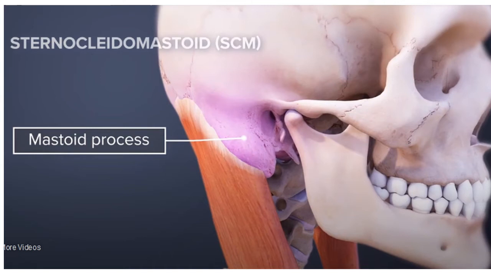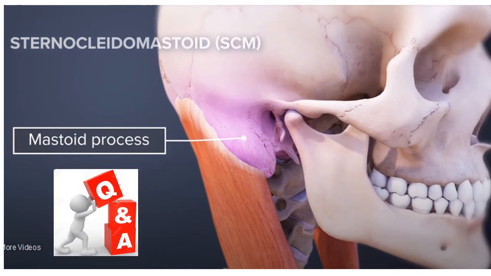Let us ask ourselves a few questions about this image. It is a lateral view of the skull, and question number one is, what is happening inside this oval shape?